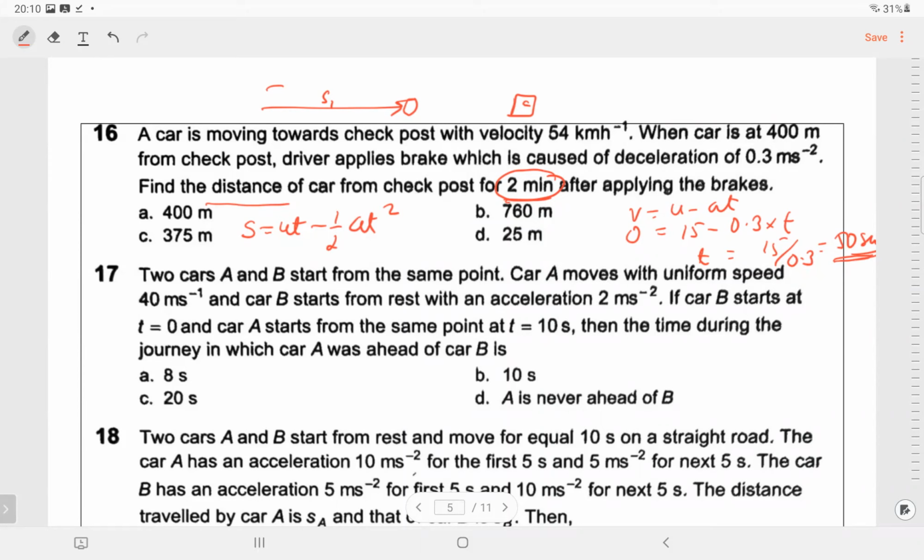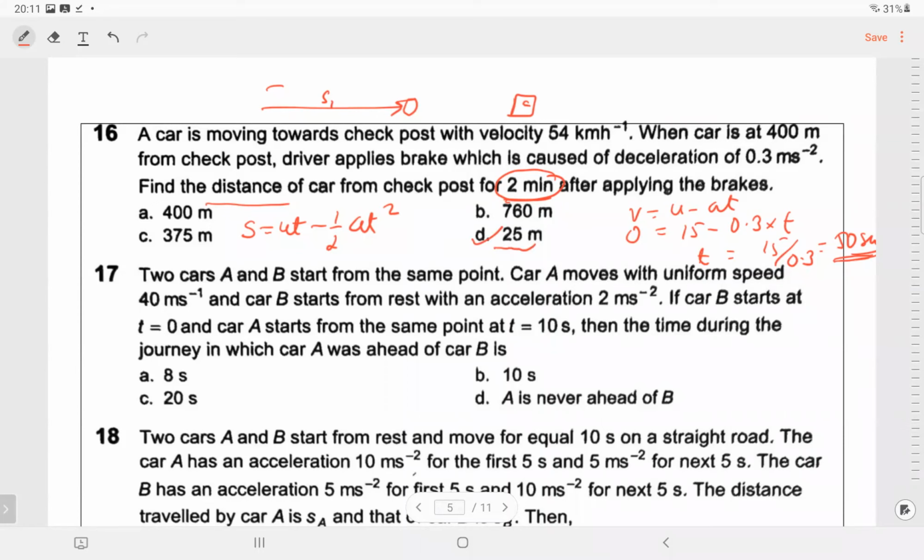First calculate this. What is the distance covered in 50 seconds? So 375 meter. 375 meters is the distance covered. So how much is it from the check post? 25 meters.